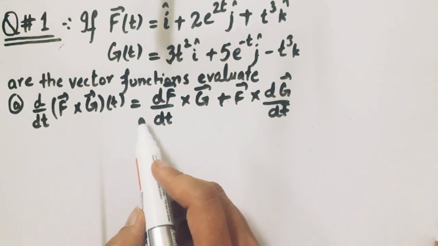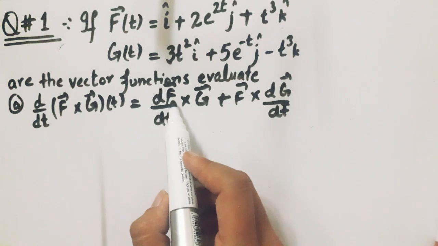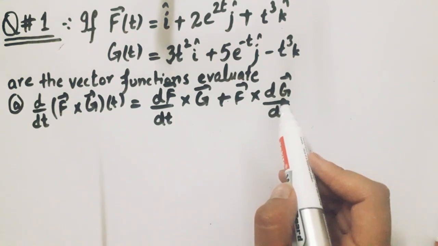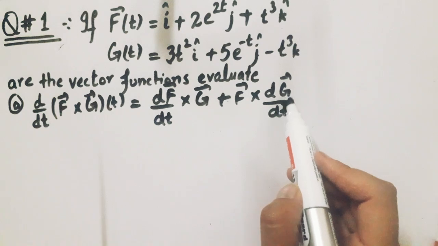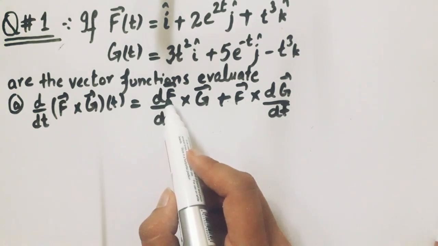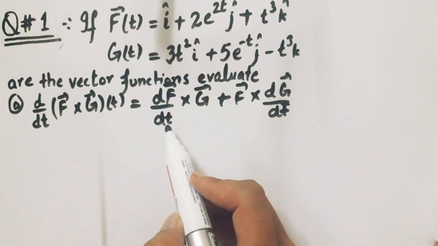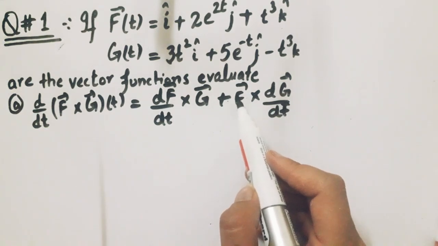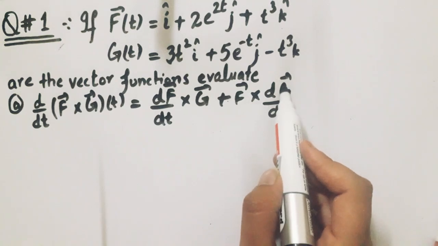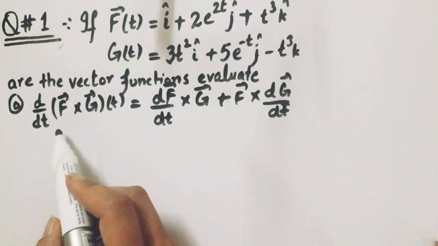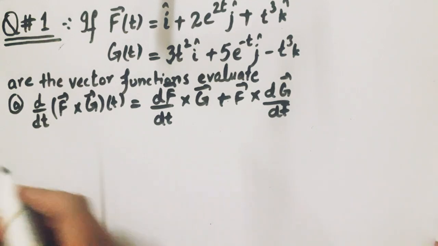On the right-hand side, you first differentiate f with respect to t and also differentiate g with respect to t, then take the cross product of df/dt with g and the cross product of f with dg/dt. So first of all we will solve the left-hand side and then the right-hand side.